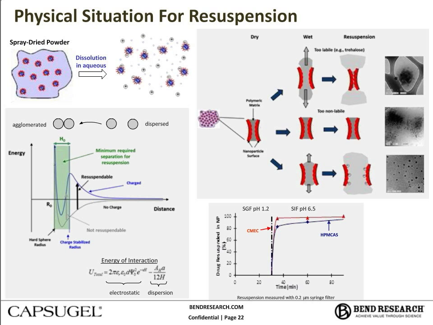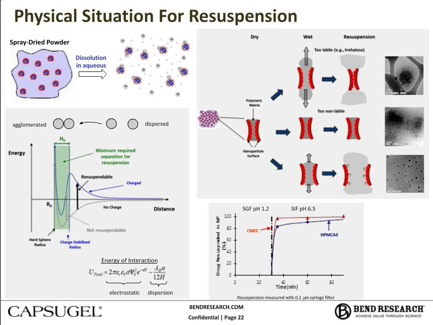Shown in the bottom row of the schematic at the right and in the bottom TEM image is a resuspension using this type of polymer, which works quite well at relatively low levels. The plot at the bottom right of this slide shows good resuspension of nanoparticles in a simulated gastric to simulated intestinal fluid transfer dissolution test, in which the nanoparticle resuspension is assessed using filtration through a 0.2 micron membrane.